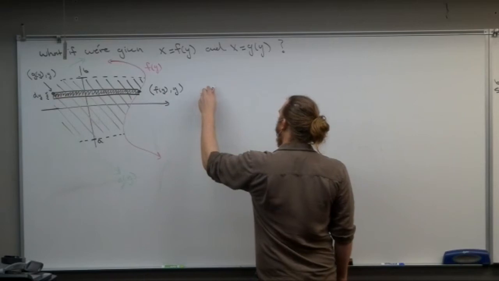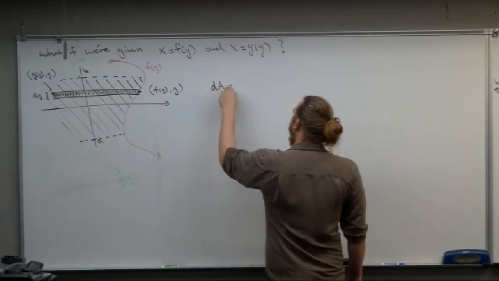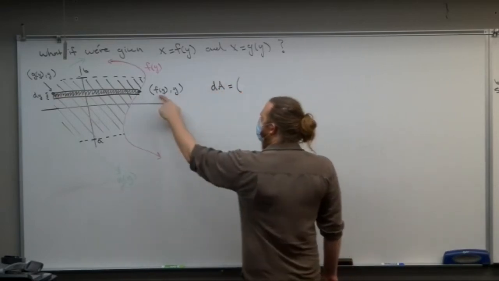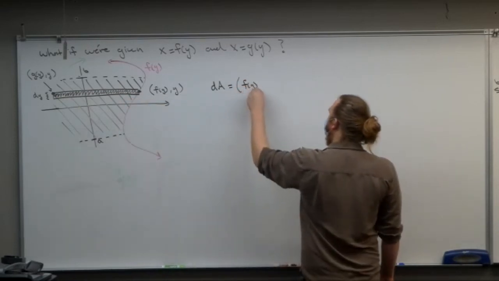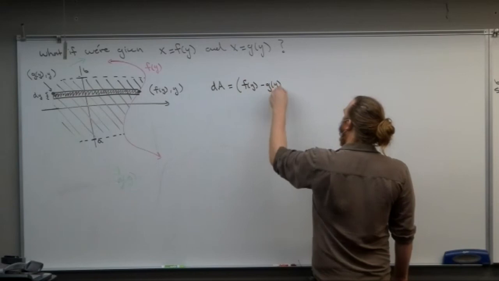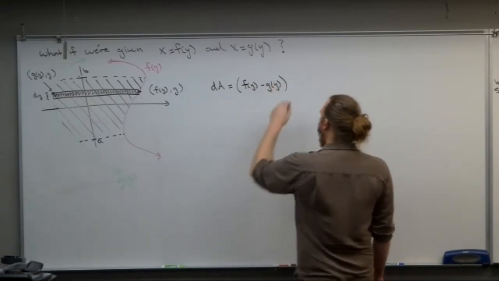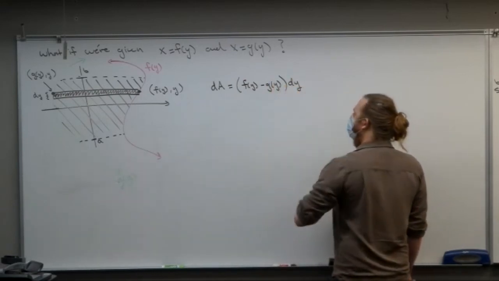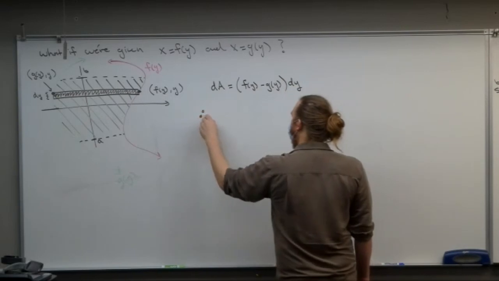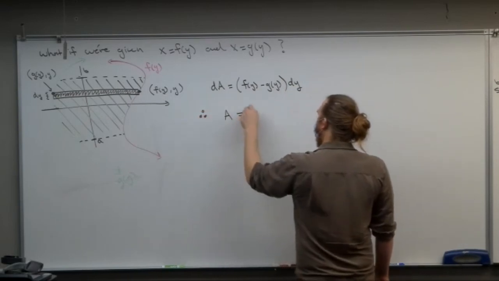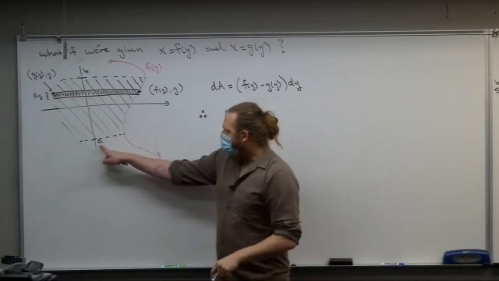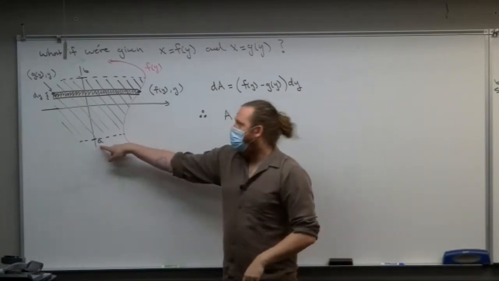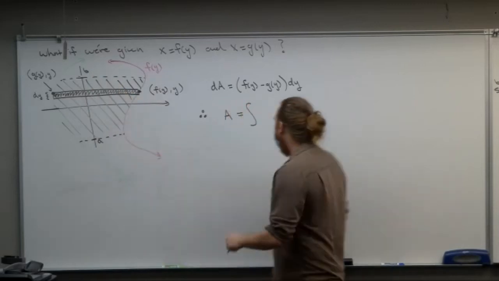So your dA is going to be f of y minus g of y times the thickness of the strip, which is dy, which means the integral for the total area would be integrated from this y value up to this y value.